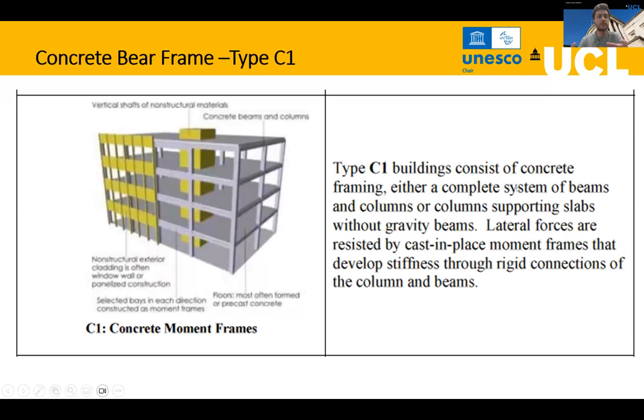These buildings are the ones that include beams and columns as the main structural system, and it's the system that will withstand all the gravitational but also all the lateral forces. In this case, the partitions will not interact with these elements.